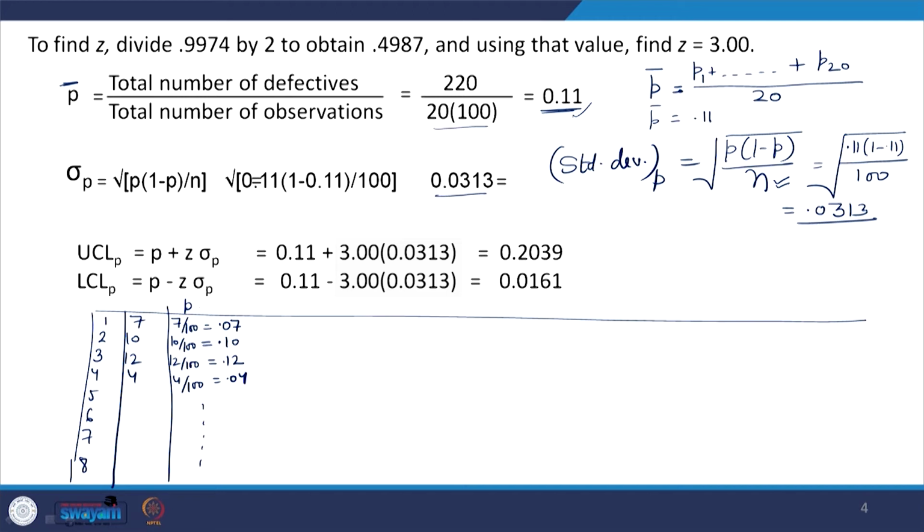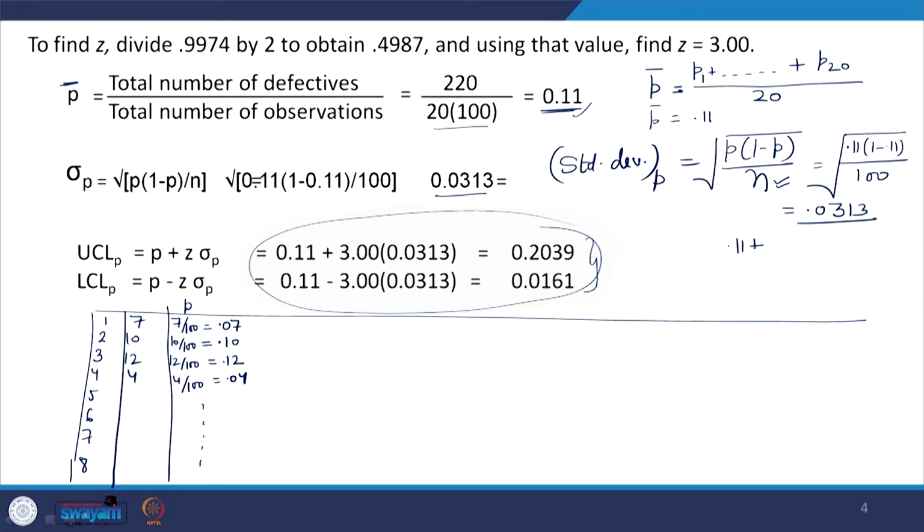Therefore, you will calculate the upper control limit and lower control limit as 0.11 plus minus 3 into sigma p, that is 0.11 plus minus 3 into 0.0313.